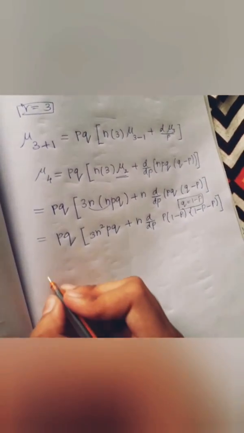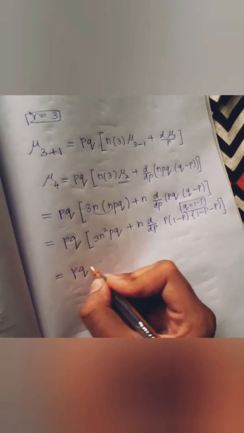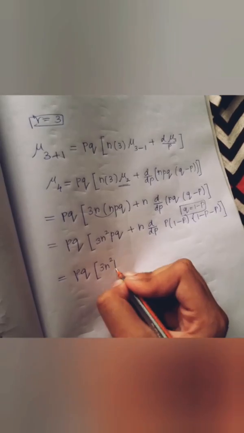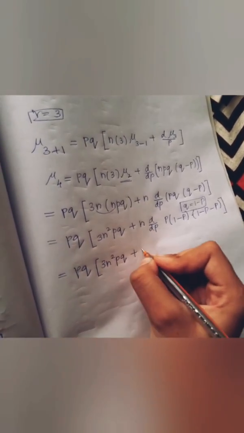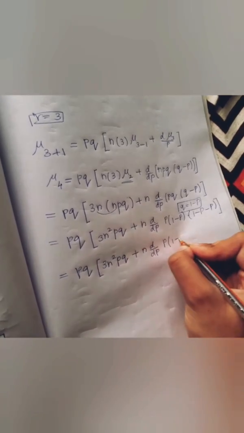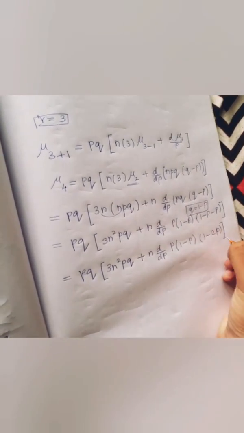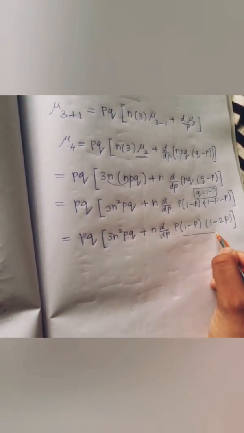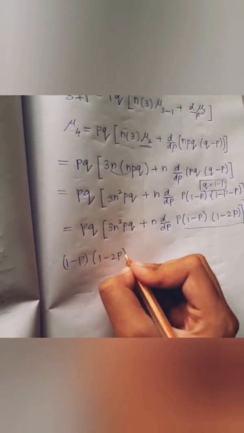Okay, next, in the next step we are writing 3n squared pq plus n d by dp. We are multiplying inside. First we write minus p as minus 2p. For that step alone, I have written here 1 minus p into 1 minus 2p.